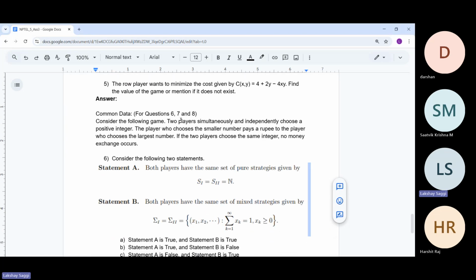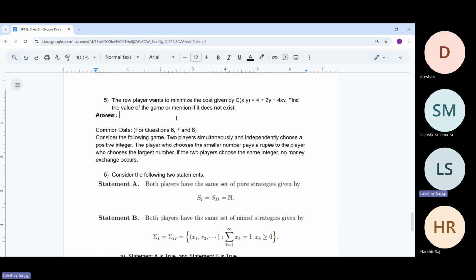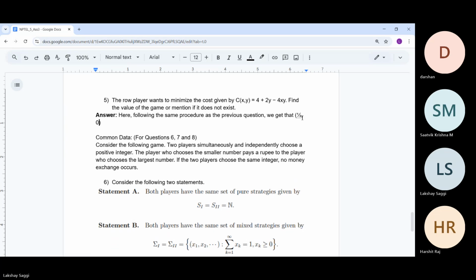So Satvik or Darshan, you can also try it out, and the answer which you will get here, following the same procedure as the previous question, is that 1/2, 0 will be the saddle point, and hence C of (1/2, 0), which will just be equal to putting x as half and y as 0.